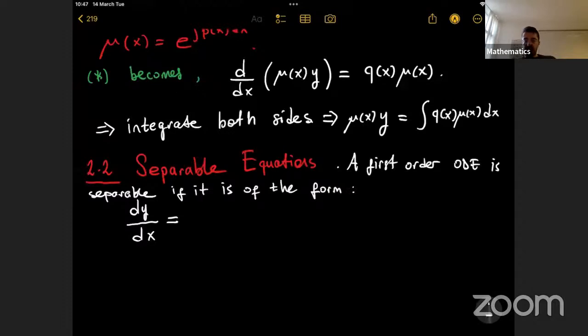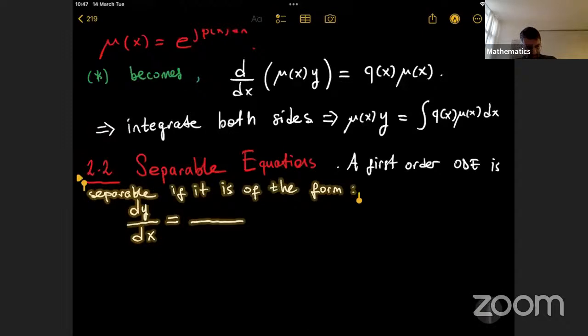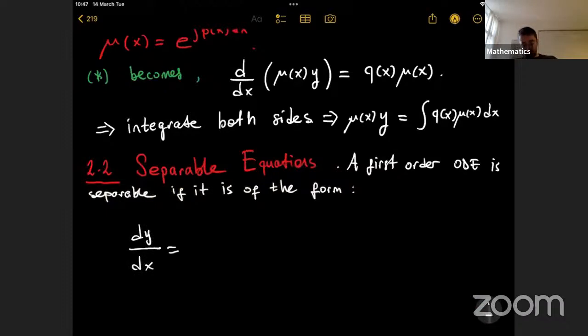Again, we have first order, and on the right hand side we have two functions like this: q(x) over p(y).